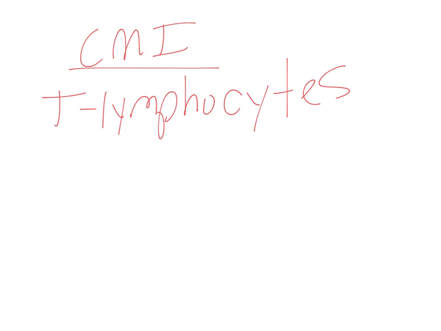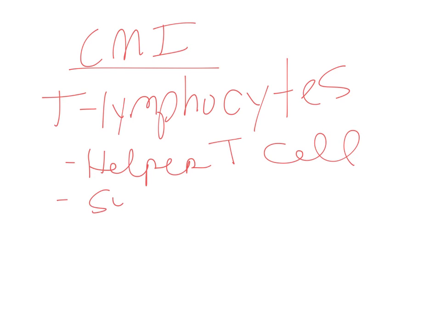So there are 4 T lymphocyte types, subsets that are critically important for the development of the CMI. The first one is the helper T cell. And then you have the suppressor T cell.